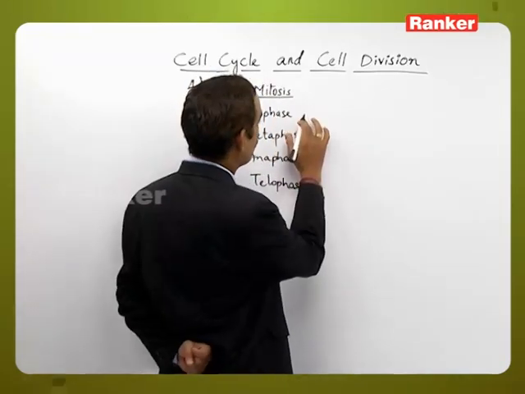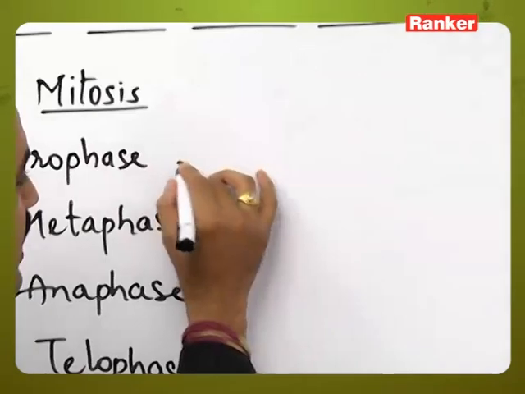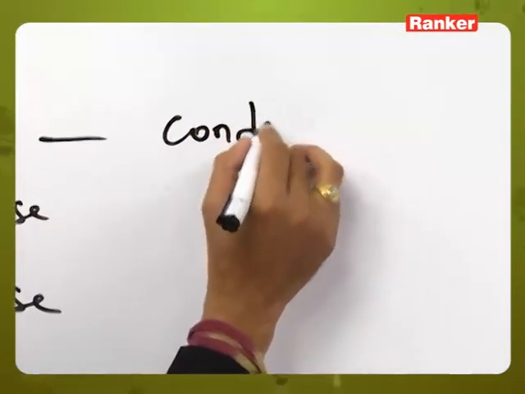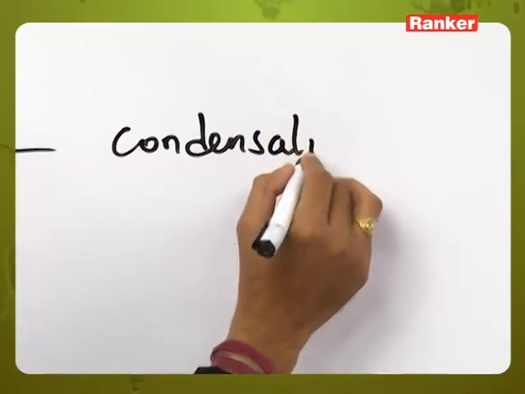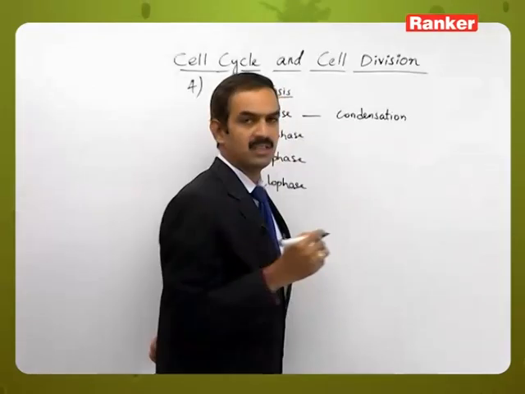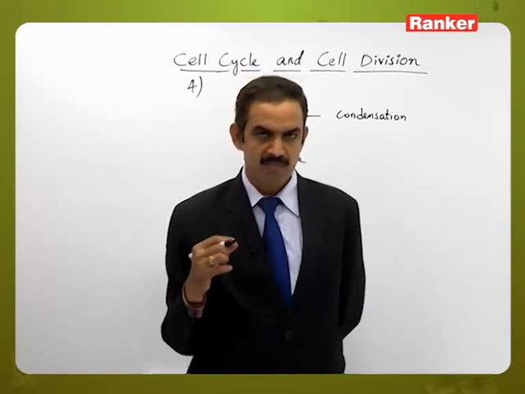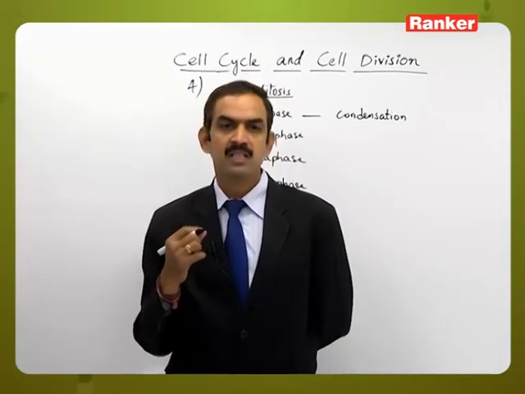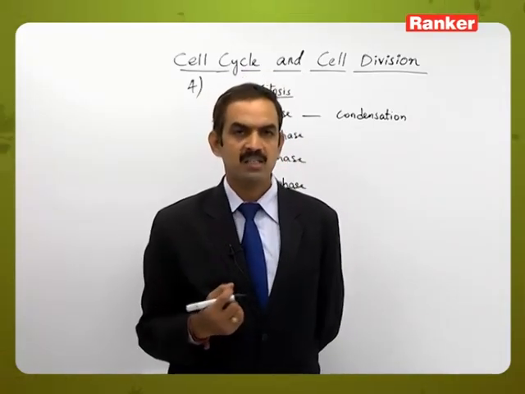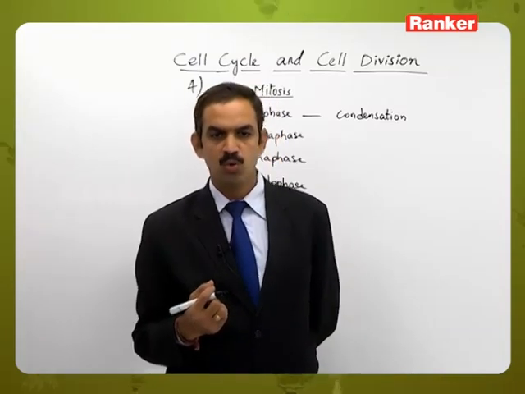When the cell enters prophase, the condensation of the chromosomes will occur. Condensation means the coiling of the chromosomes or chromatin material will occur, so that it is converted into short and rod-shaped structures called chromosomes.